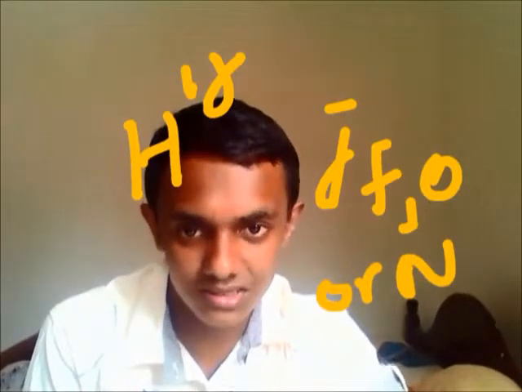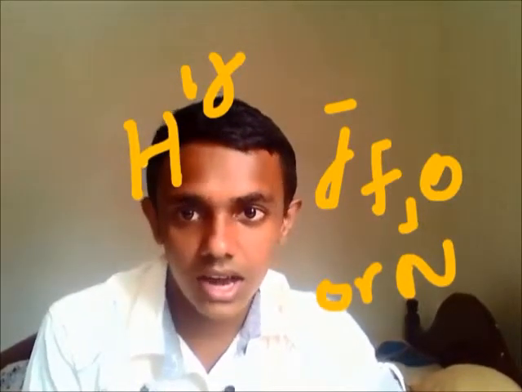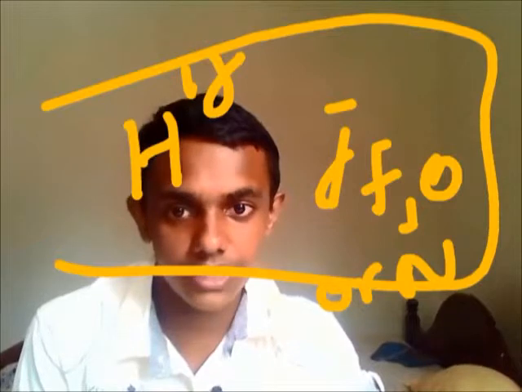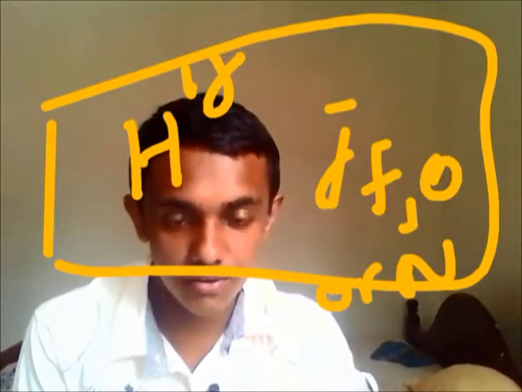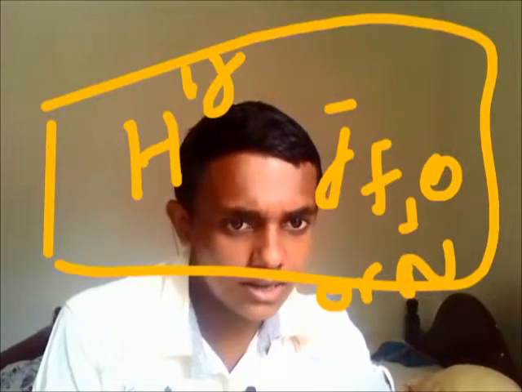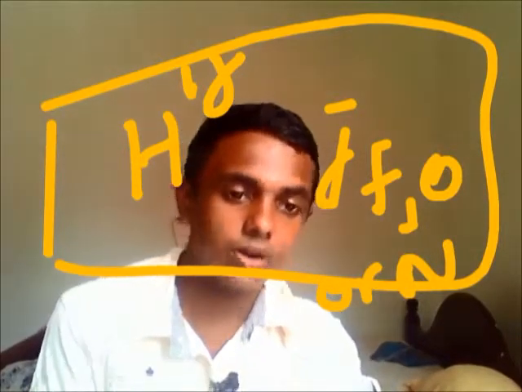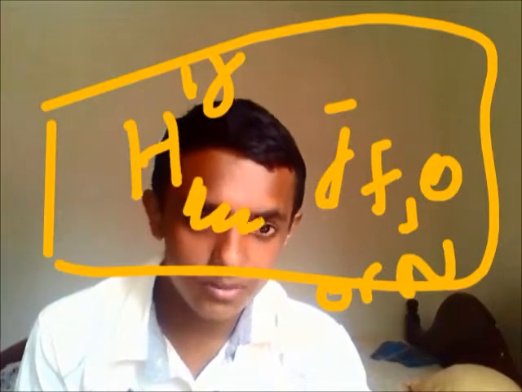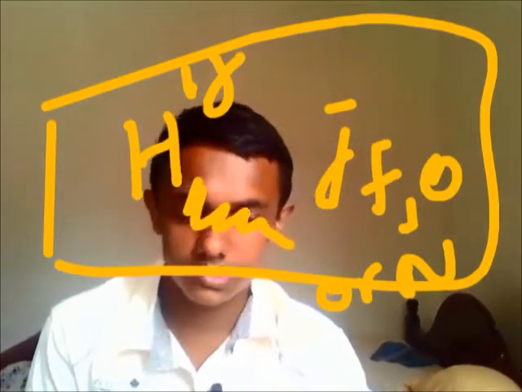This is what defines hydrogen bonds: the attraction between the delta positive hydrogen atom of one molecule and one of these atoms like fluorine, oxygen, or nitrogen. So for hydrogen bonds to occur, this is the essential factor.